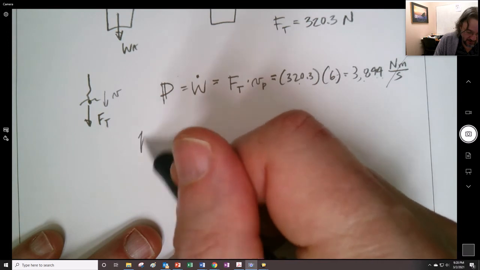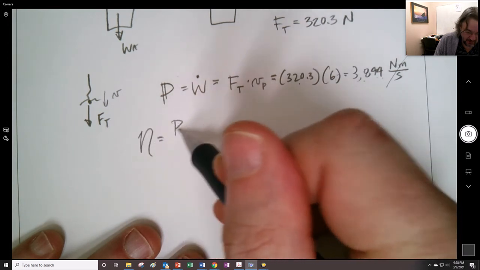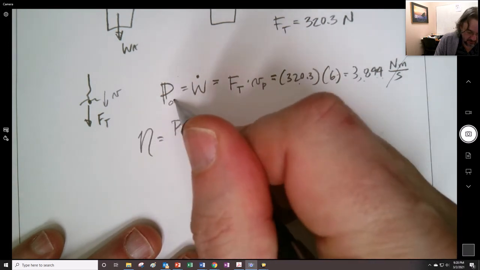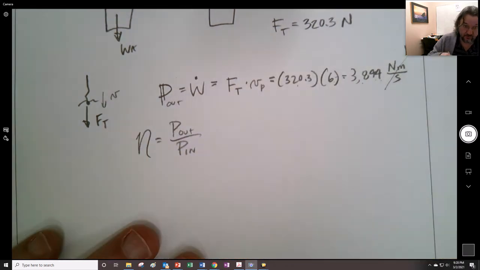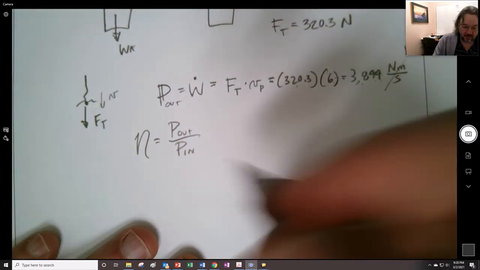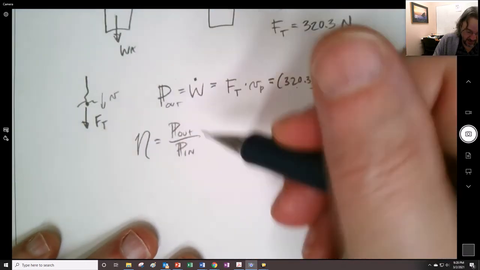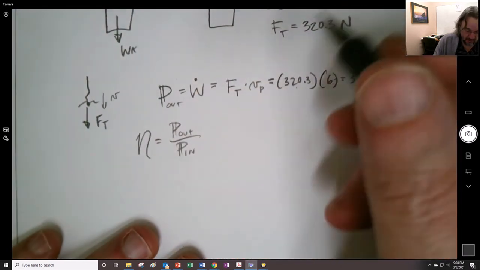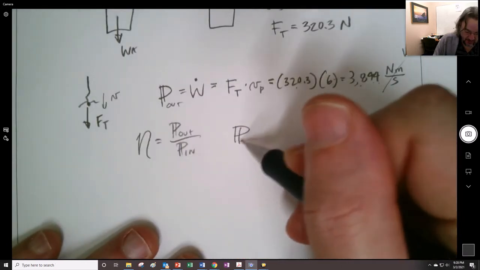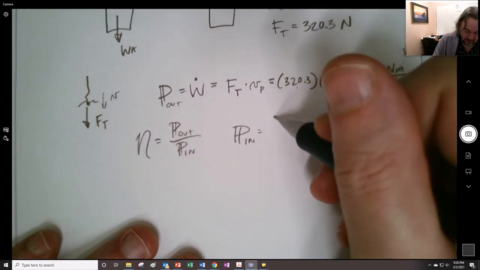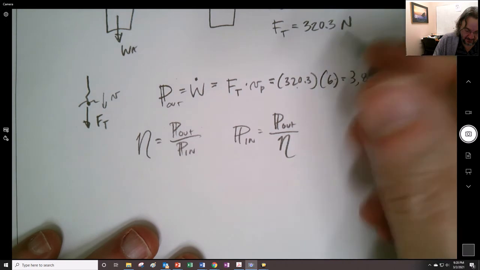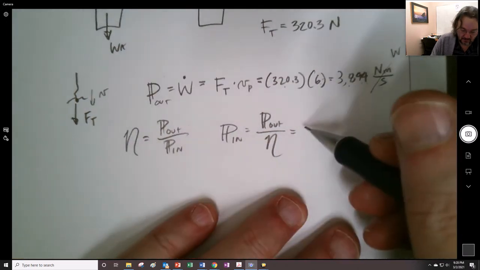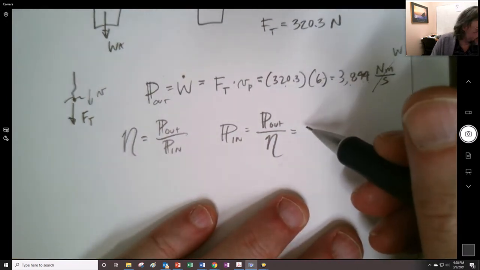So now we want to write down the efficiency we know is power out over power in, but we're looking for how much power this thing takes up, right? So how much power is required from the electrical stuff. So the power in is going to be equal to the power out divided by the efficiency, eta, capital Eta.